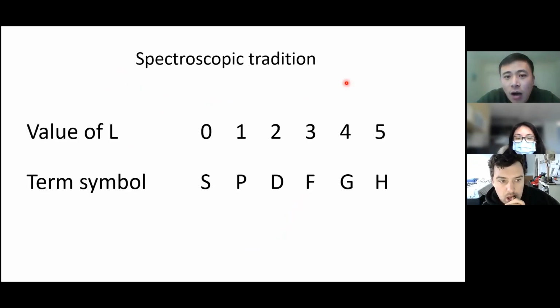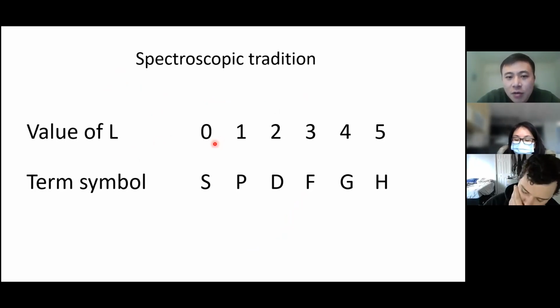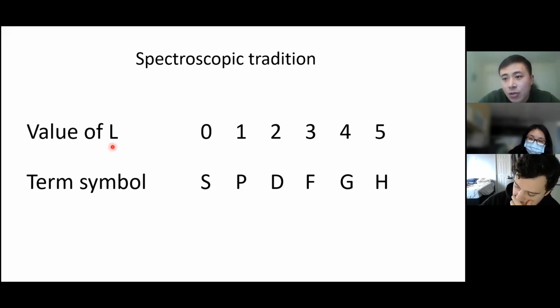In respect of the spectroscopic tradition, we know that for the L, in fact, we start from 0, right? If we're talking about a single electron, we have L equals 0, corresponding to S orbital. We have the p orbital corresponding to L equals 1, and the d, L equals 2, and so on, right? And for many electrons, we also need to derive this L, which is easy to do.